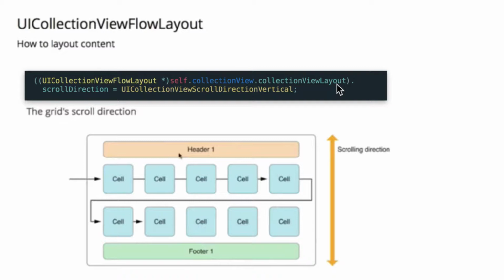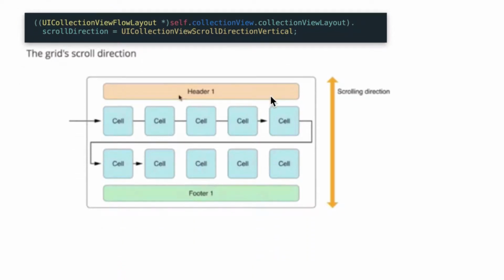That's a property that's built into the collection view itself, and I'm just grabbing a reference to that. But I need to cast it to the subtype that I'm talking to in order to get the scroll direction property. So I'm downcasting here to the flow layout, and then there's a value on it where I can set the scroll direction.